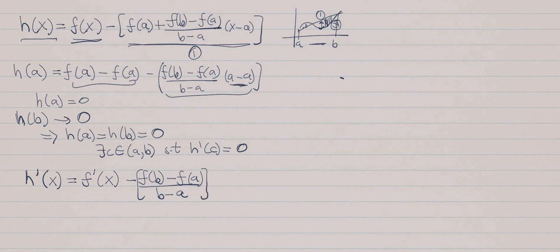And now all we have to do is evaluate this at c. So just plug in c, and we know that h dash of c is equal to 0. So just plug in c and see what happens.